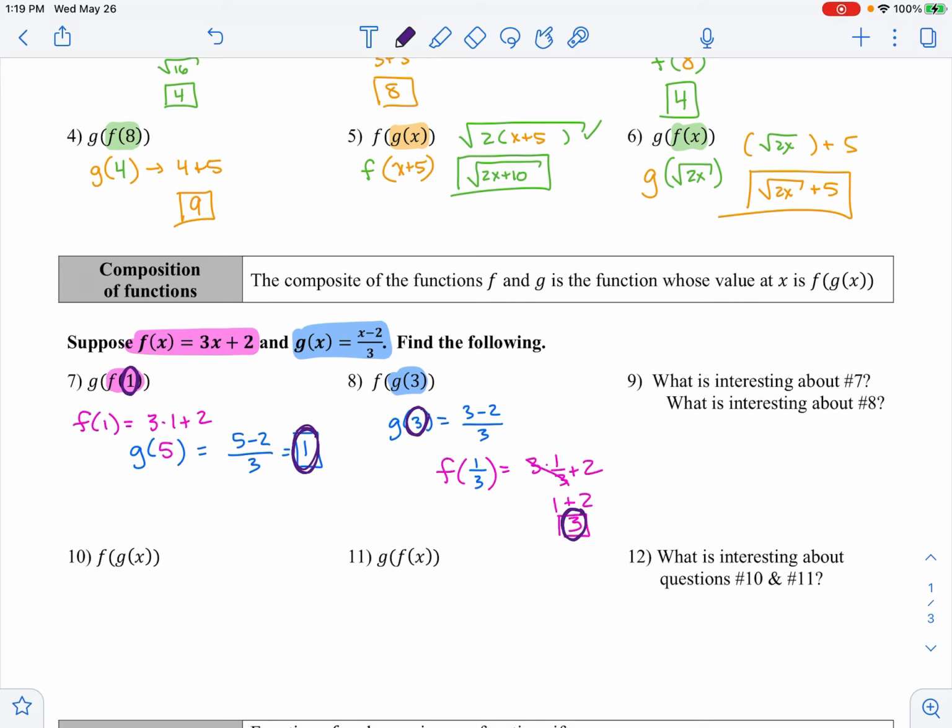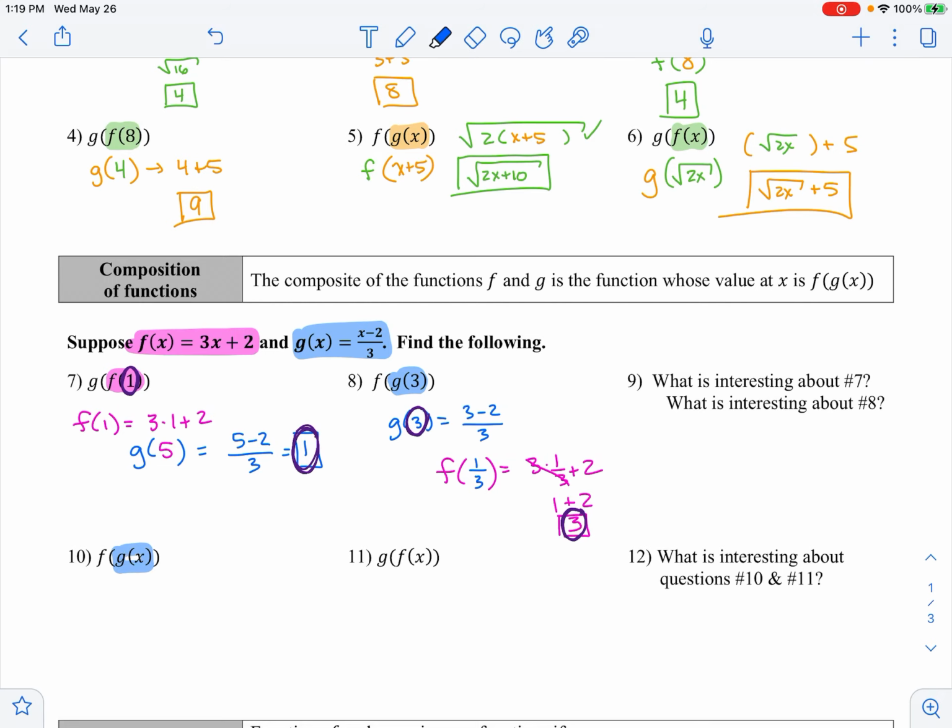Let's try something else. Is this going to work for everything? Does it matter if the g or the f comes first? Let's just try for every single x. If I can do this algebraically for every single x, then I can generalize. So let's do first f of g of x.